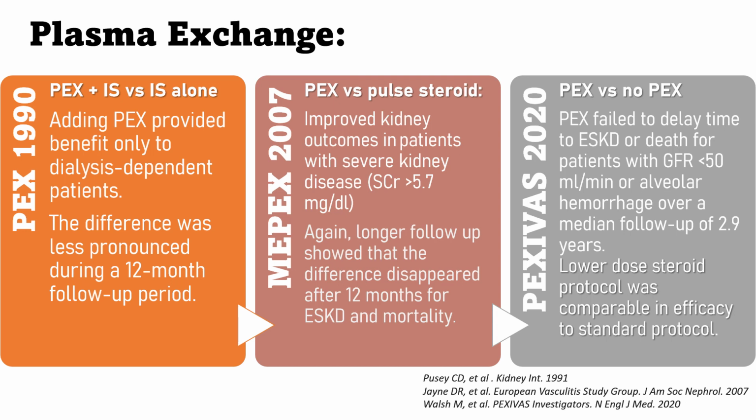But in the PEXIVAS trial, they also compared two regimens of steroid and found that the lower dose steroid protocol was comparable in efficacy to the standard protocol. So to summarize this evidence, plasma exchange could be beneficial to patients who are dialysis dependent, with severe kidney disease, but this effect decreases over time. So after 12 months, there will be no difference for end-stage kidney disease or mortality.